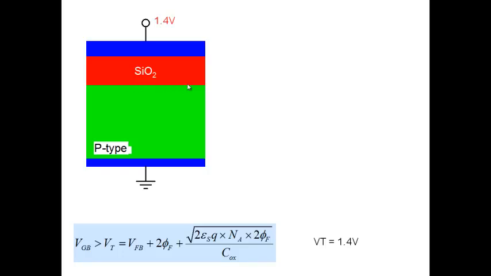It's just the beginning of the inversion layer. The electron density at the surface at that particular point is equal to Na, whatever is the doping here. That's the condition for threshold. So when I'm saying Vt is equal to 1.4 and I apply 1.4 here and 0 here, obviously I'm at the threshold, right? So I will create an inversion layer here.